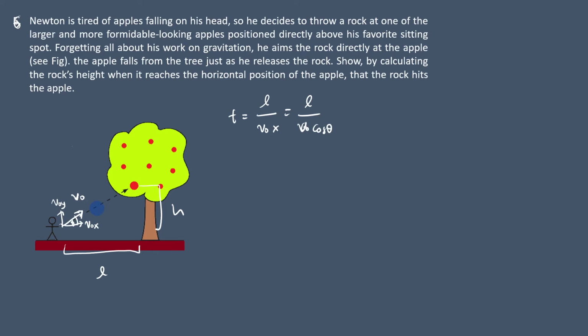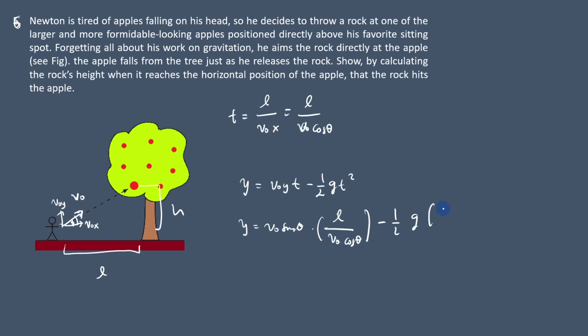So the rock's height at this time is y equals VOY T minus 1/2 G T square, and we can substitute VOY is VO sin theta times T, and substitute T as L divided by VO cos theta, minus 1/2 G times L divided by VO cos theta, squared.